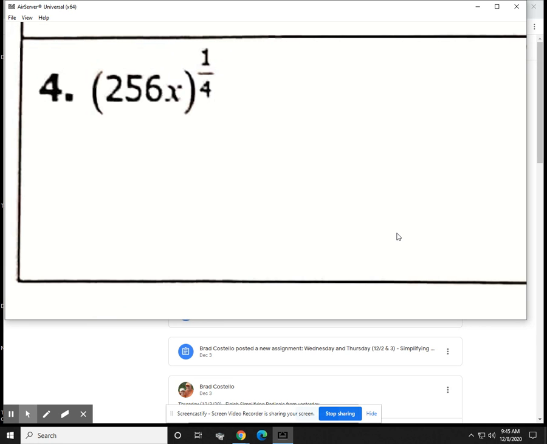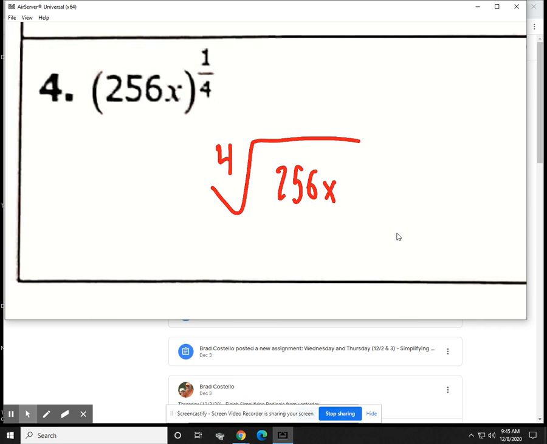So what's my denominator? 4. So this is the 4th root of 256x. And what exponent is it raised to? The first.